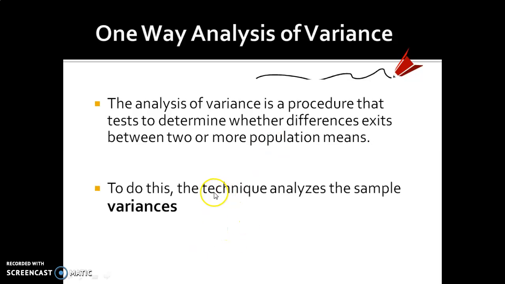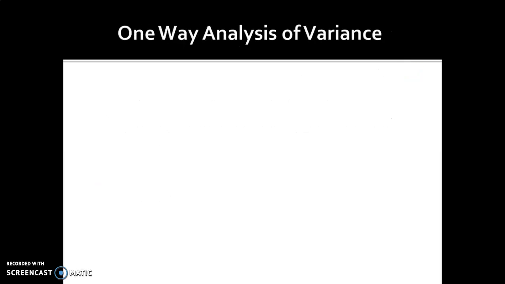To do this, the technique analyzes the sample variances. Whatever variances exist between those two or more series, we use to interpret something between the variances of those two series which we have drawn.